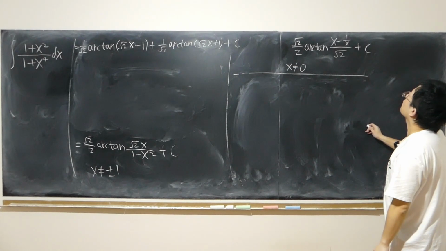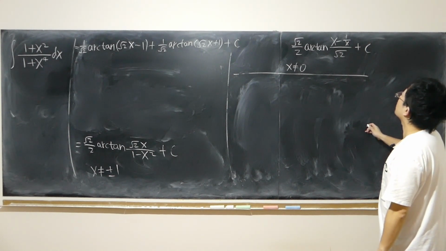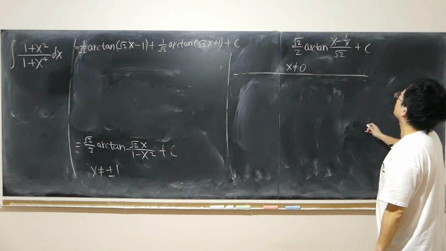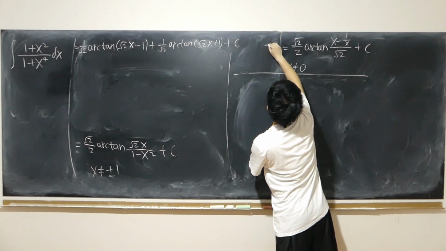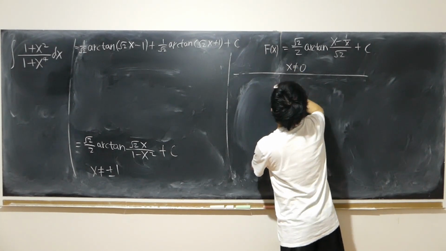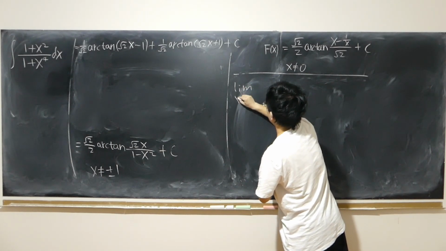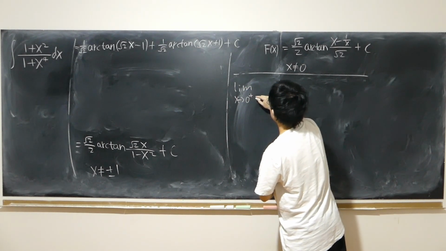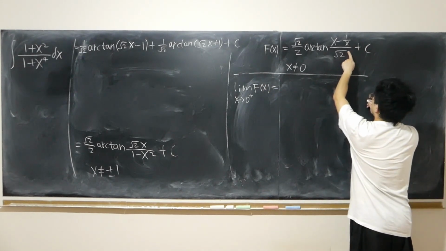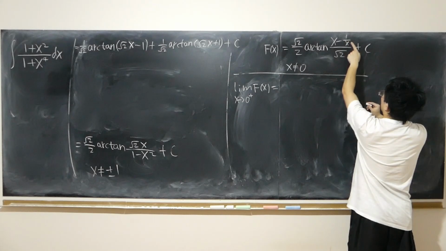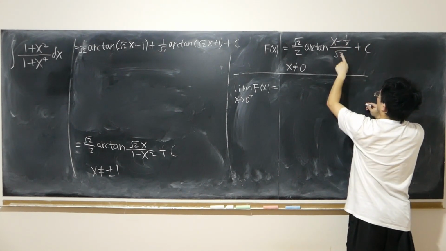So when x is approaching from the right-hand side, if I call it f of x, the limit as x approaches 0 from the right-hand side should be equal to, so this will approach positive infinity, and so this negative infinity, this is gone, and this is constant.